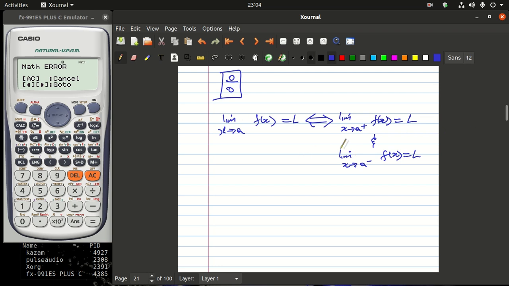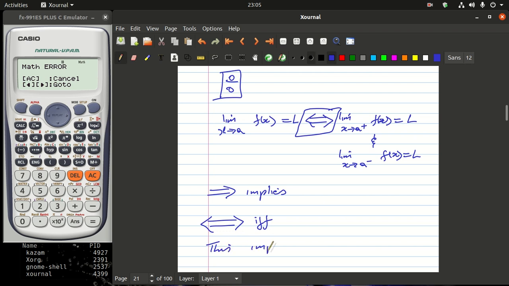Now, before I stop, I want us to talk about this symbol here. If I were to write this like this, this simply means that this is an implies symbol, which means that if this happens, then that happens. But when I have this one here, this is if and only if.